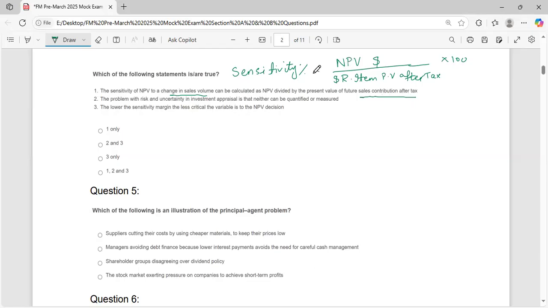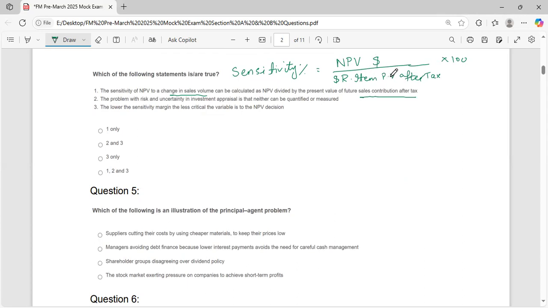If we say percentage change in variable cost, then net present value divided by present value of variable cost after tax. If we are calculating sensitivity percentage of fixed cost, then net present value divided by present value of fixed cost after tax.